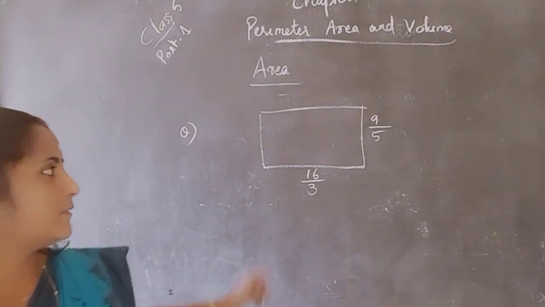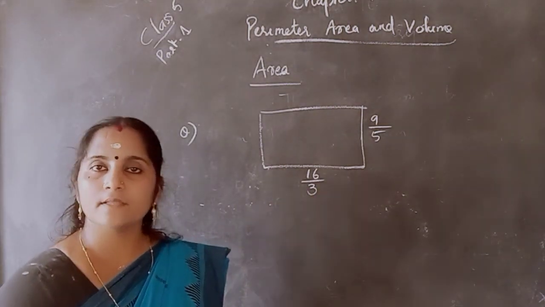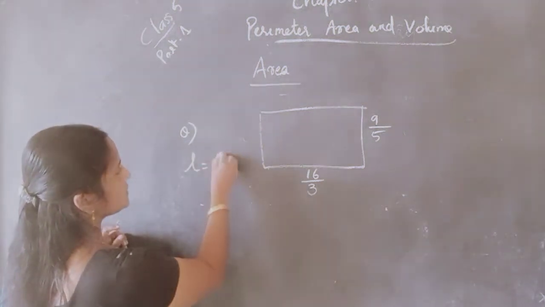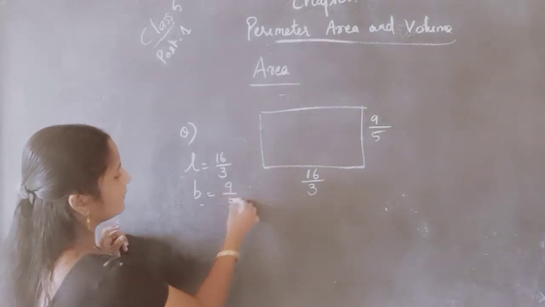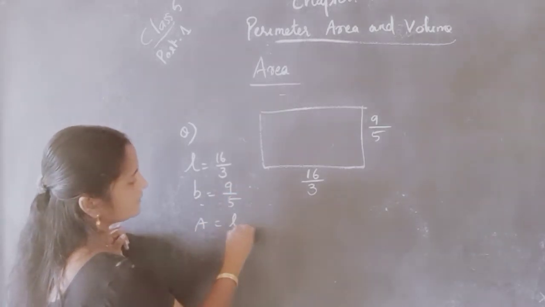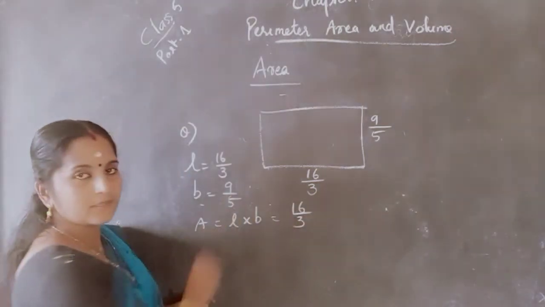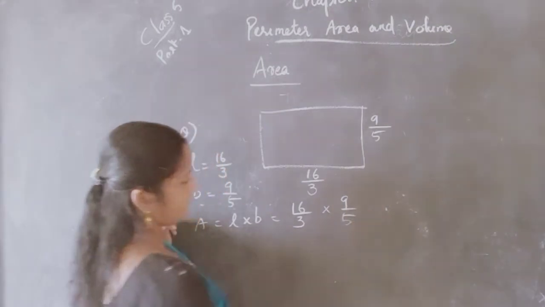Another question. The dimensions are given in fraction form. Then also we use the same equation. Instead of decimals, length is 16 by 3 and breadth is 9 by 5, and area is length into breadth, that is 16 by 3 into 9 by 5.